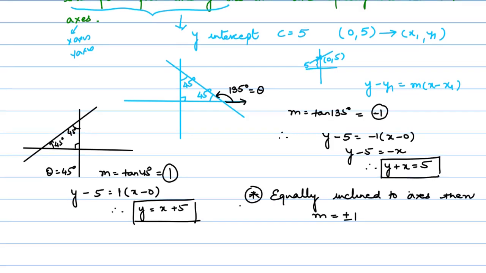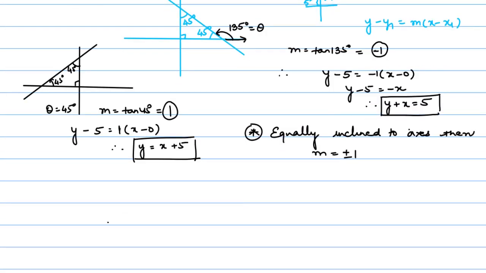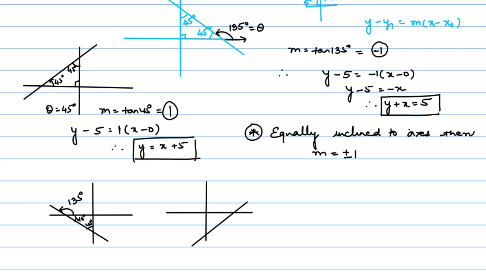Now the other two cases that are possible are, had the line been like this or had the line been like this. Now if they are equally inclined, this angle is 45, this is also 45. Now we need this angle for our slope. Now what is this angle? Again it comes out to be 135, therefore m is again minus 1.